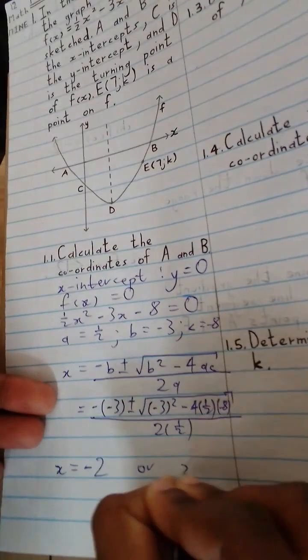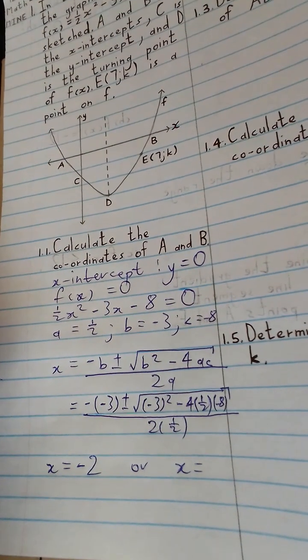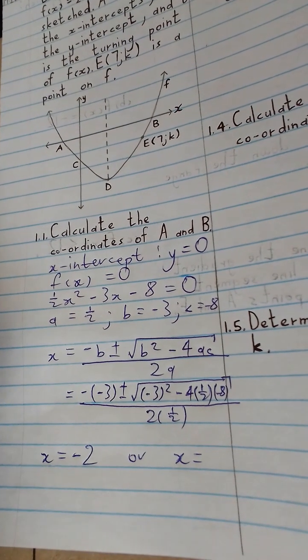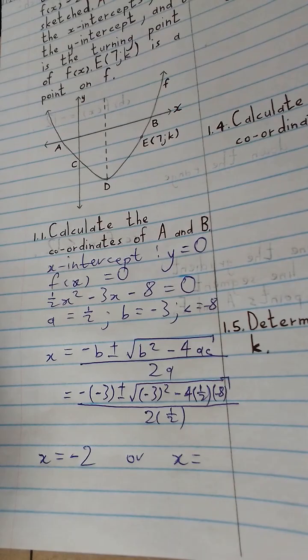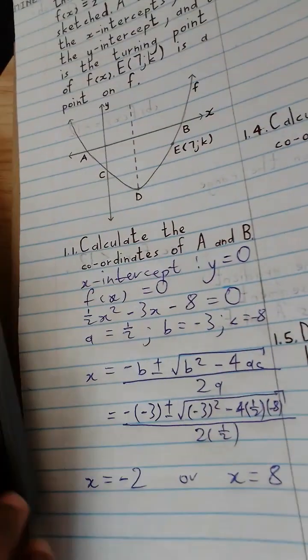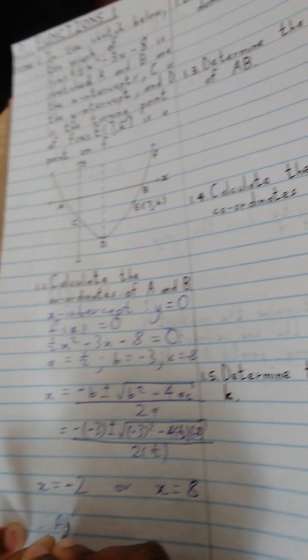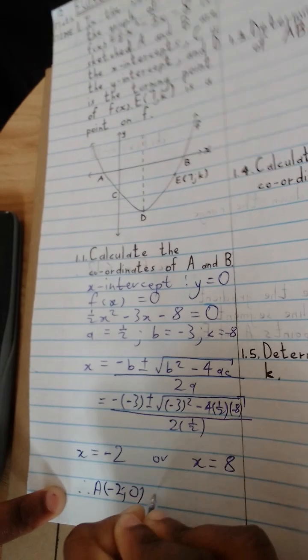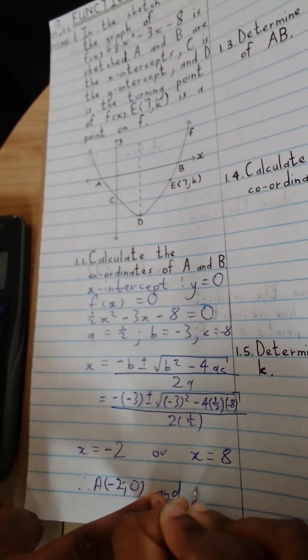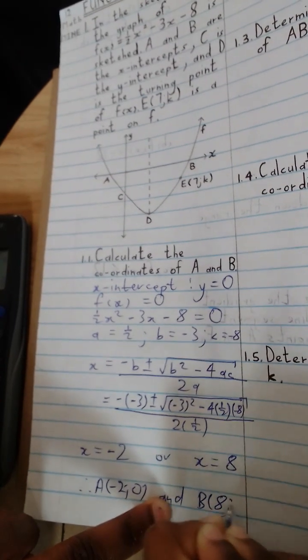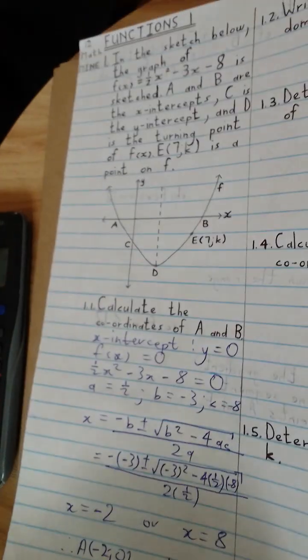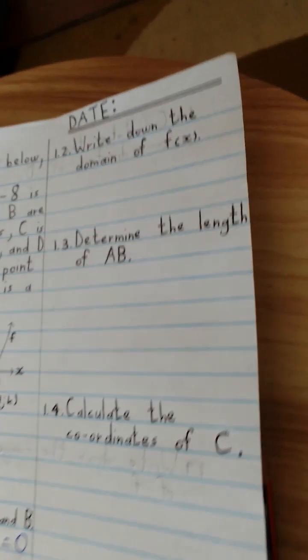So x is negative 2, or x is, now we go to the positive here, x is 8. So which one is positive, which one is negative? A is to the left of the y-axis, so A is negative. So A is negative 2, 0, and B is 8 and 0. Okay, I hope that makes sense.